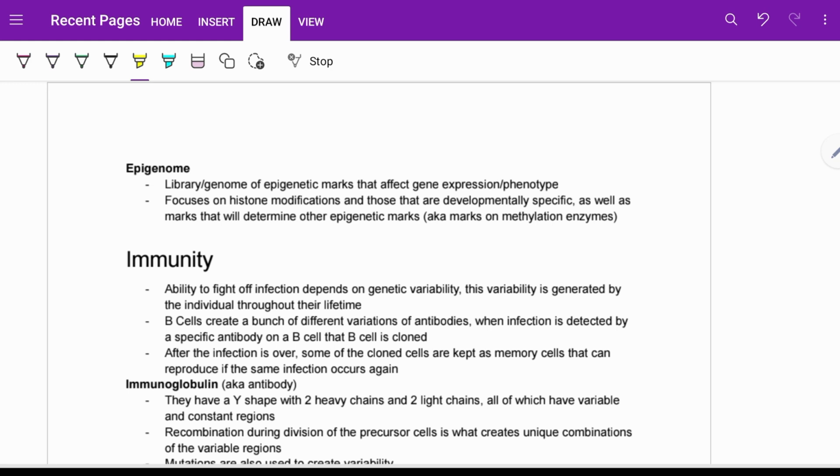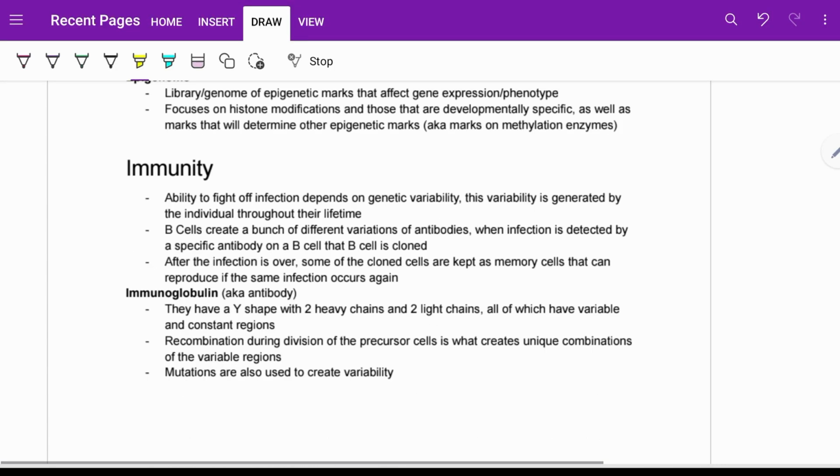We also have an epigenomic library, which shows all of the different markers that affect gene expression, and specifically histone modifications, ones that are specific to development, and marks that actually determine other epigenetic marks.